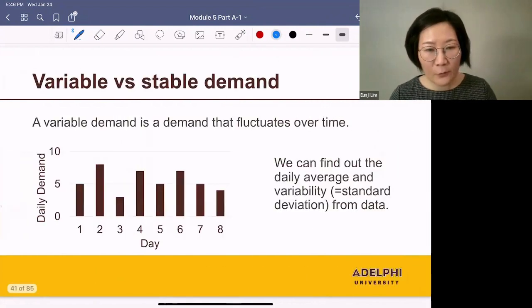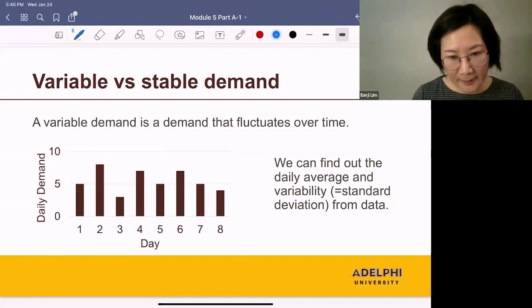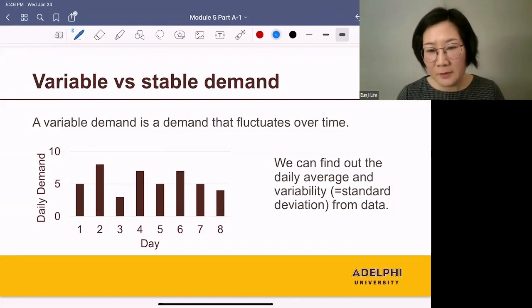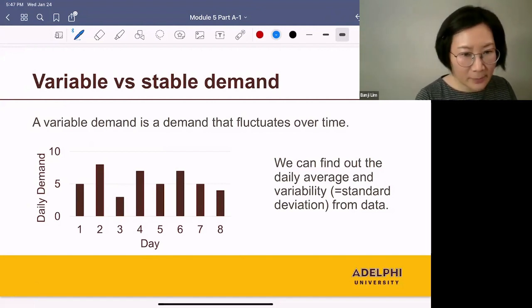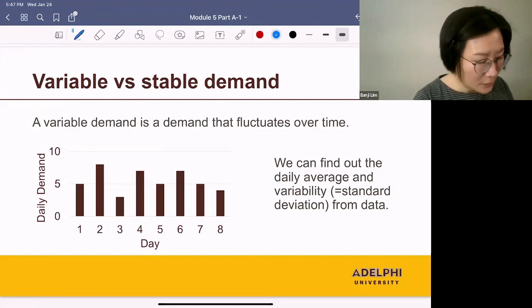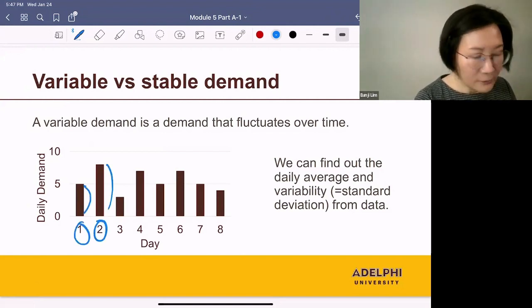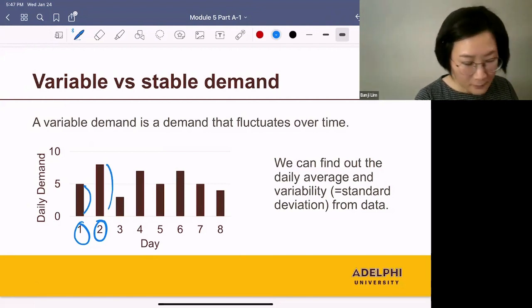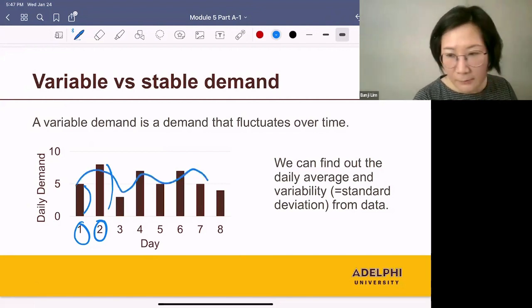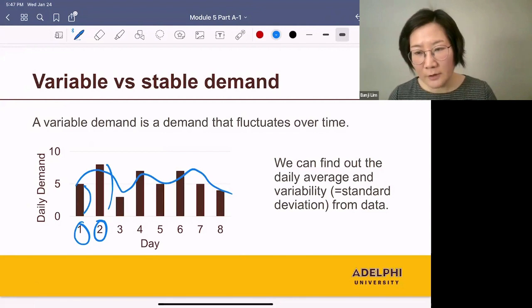So what do we mean by variable or stable demand? A variable demand is a demand that fluctuates over time. For example, let's say this shows the daily demand of a certain product. On day 1, 5 units are sold. On day 2, 8 units are sold, and so on. You can see that the daily demand is fluctuating over time.